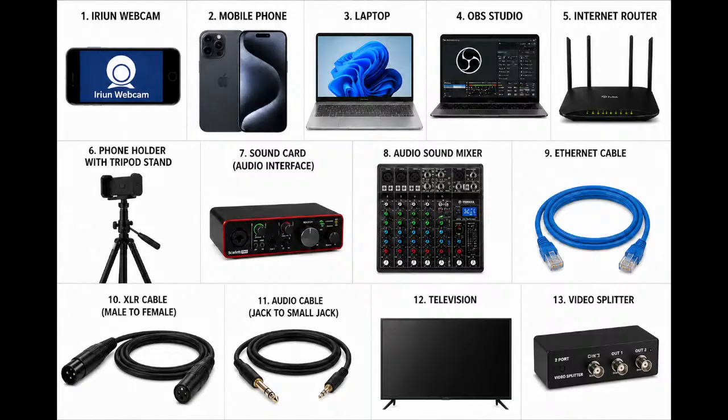But make sure that all of them are connected to the same local network. When you talk about the same local network, it means that you have the system connected to one network, and the same network that the system is connected to is the same network that your phone will be connected to. That way you are going to have your stream up and running.